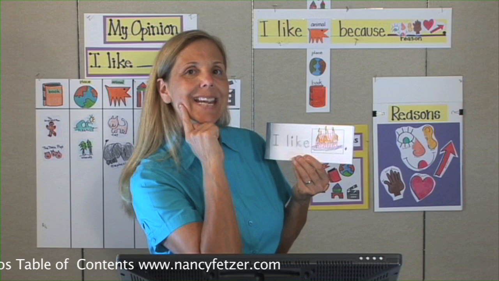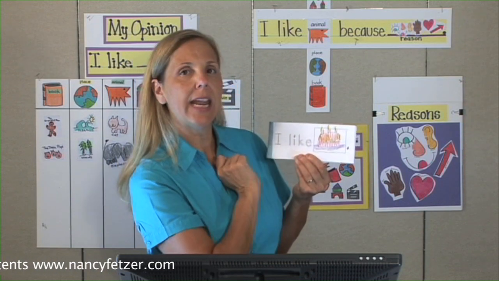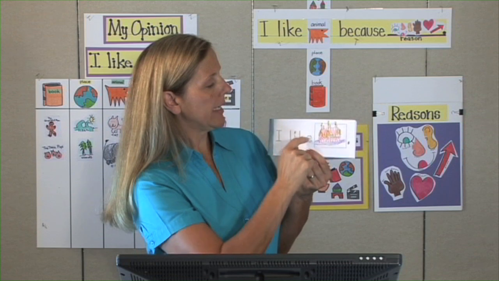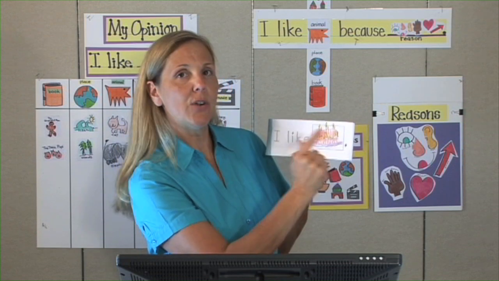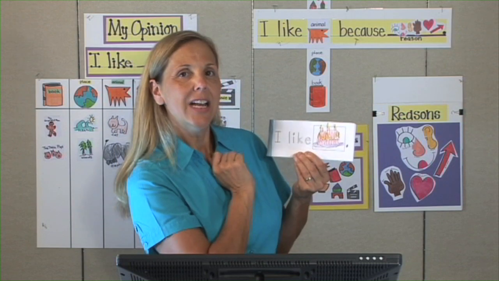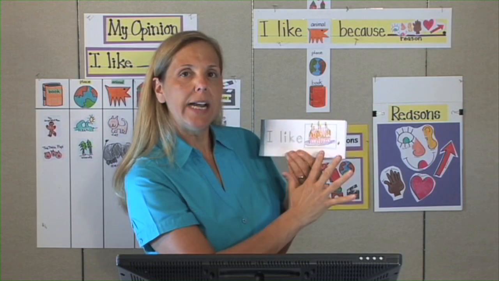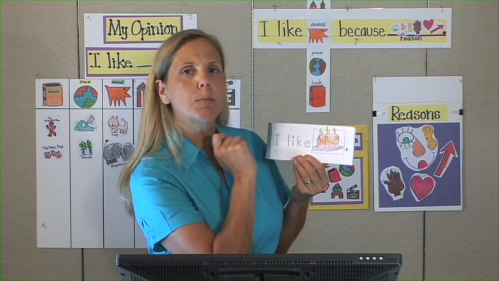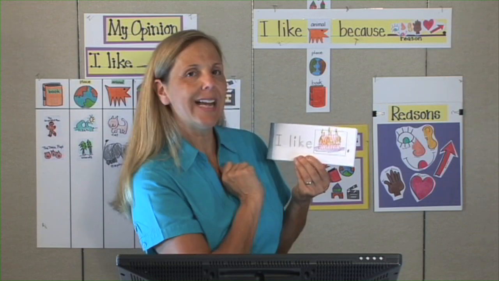Then he would say his sentence, I like birthday cake. Then he would go back and trace, I like birthday cake, and put a period there. And finally, he would read it again, I like birthday cake. So this way, he is writing an opinion. He just started school. He doesn't know how to write these words, but we want to get the writing there. We want to get the ideas down.